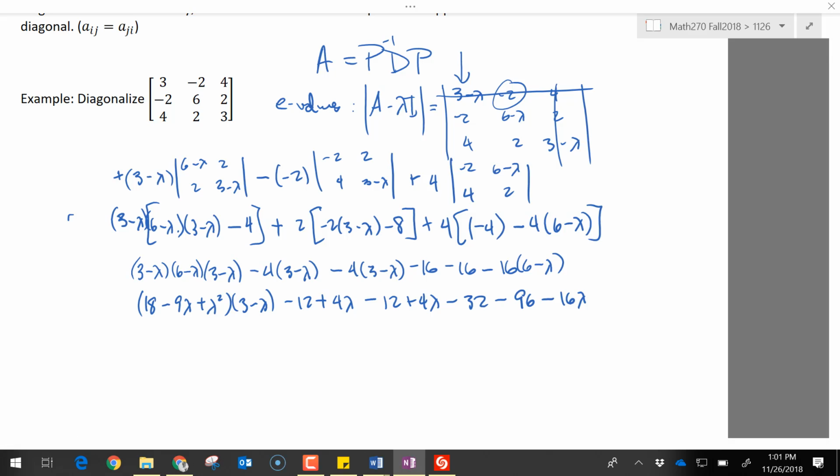All right, we've got one more distribution to do. 18 times 3 is 54, and plus 16, thank you. So 54 minus 27 lambda plus 3 lambda squared minus 18 lambda plus 9 lambda squared minus lambda cubed.